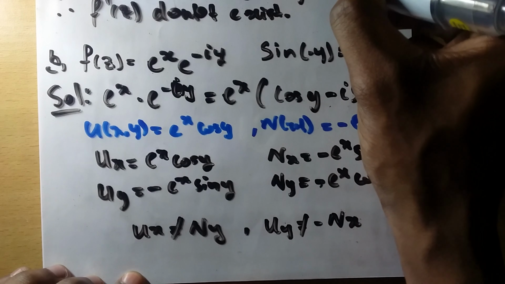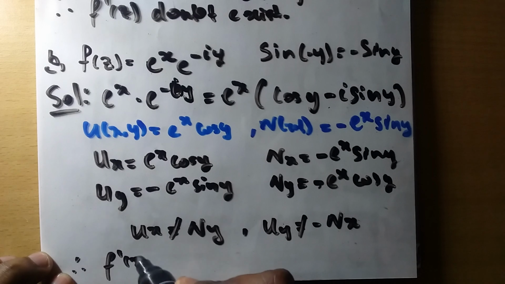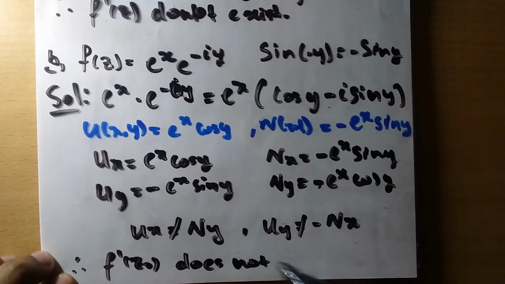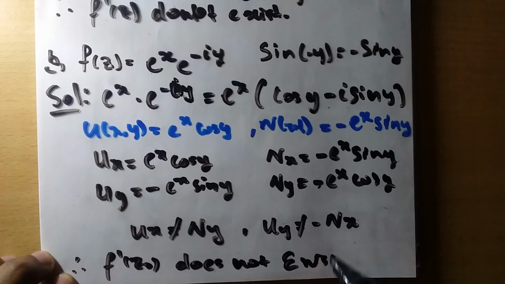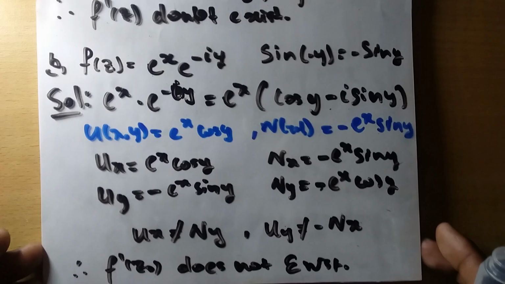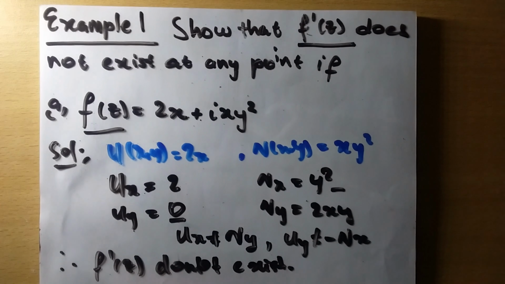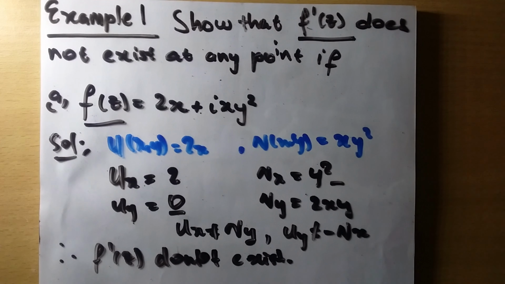So if these conditions are not met, then f prime of z0 does not exist. Practically, we have shown that the first derivative does not exist.